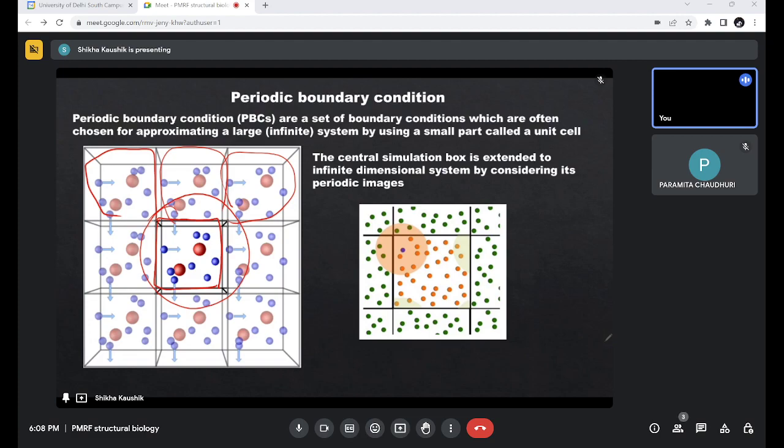Whenever we are trying to understand a large system, we divide it into a small part, and that's how we put a periodic boundary condition, so that we can understand a system at a unit level. Periodic boundary conditions are mostly used whenever we are performing computer simulation or mathematical modeling.